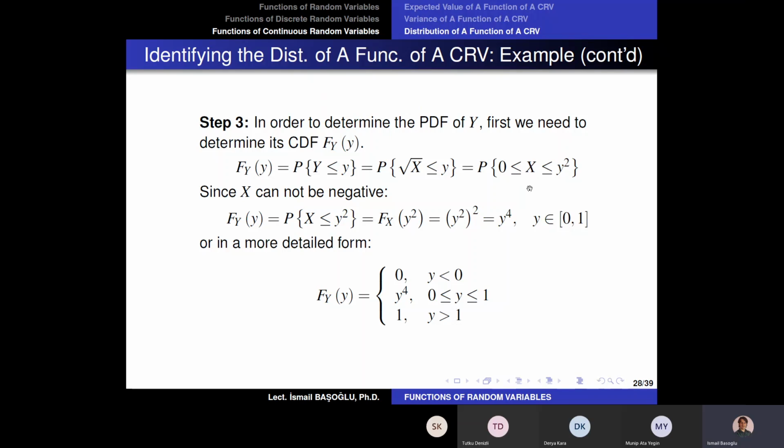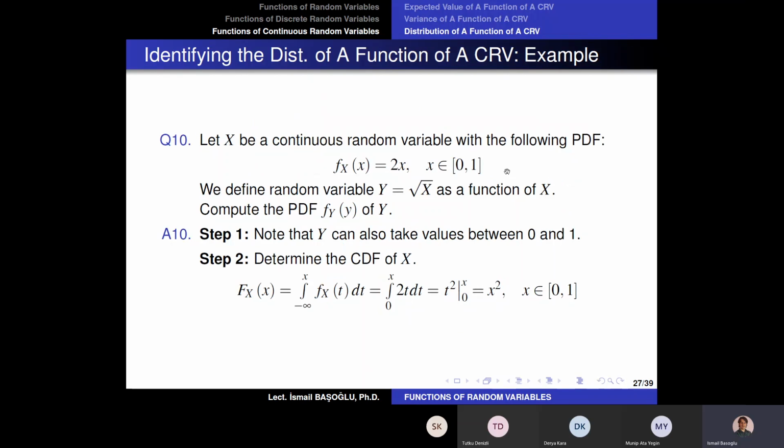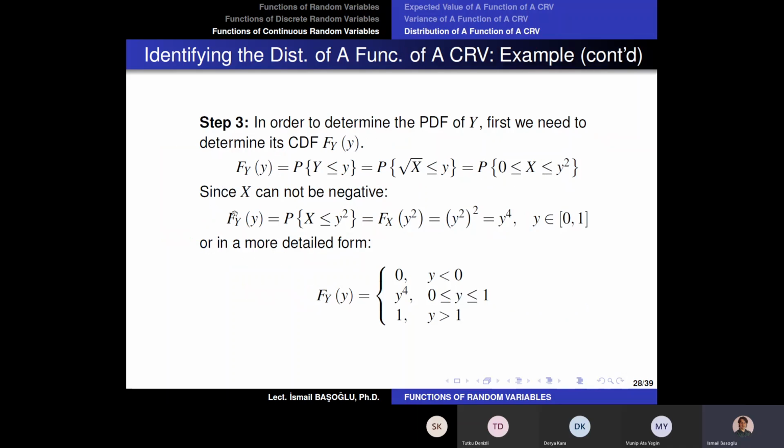Because X is by nature greater than or equal to 0. So X is already greater than or equal to 0. Therefore, the CDF of Y at y is equal to the probability of X being less than or equal to y squared, which is equal to the CDF of X at y squared.